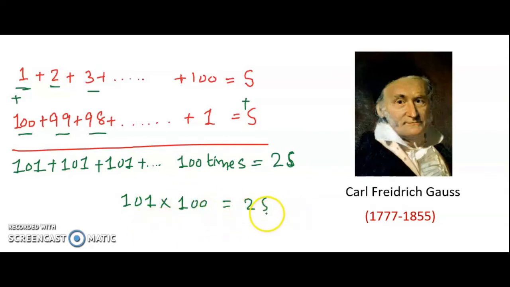Now we are interested in finding S, the sum of the first 100 natural numbers. So S will be equal to 101 multiplied by 100 divided by 2. If you cancel out, you will get the answer 5050. This is the answer for the sum of the first 100 natural numbers.